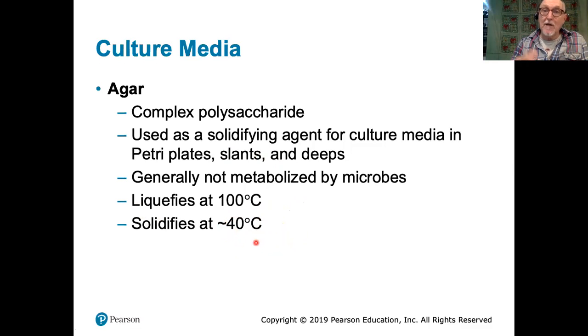You can inoculate it with bacteria and then pour it. We'll see some of the reasons that we might want to do that in a while. Just remember the important characteristics of agar: liquefies at 100 degrees Celsius, the boiling point, and only solidifies at 40 degrees Celsius.